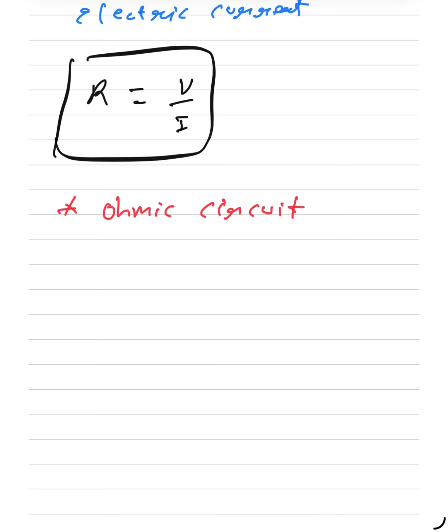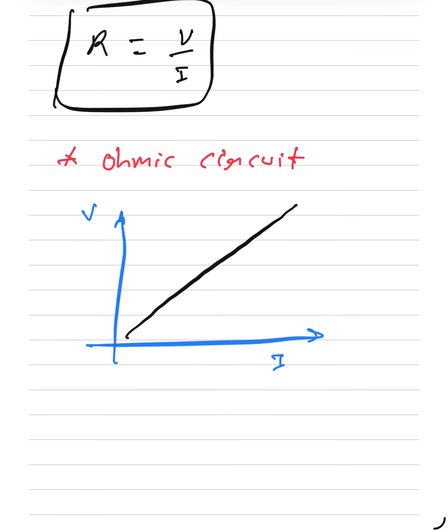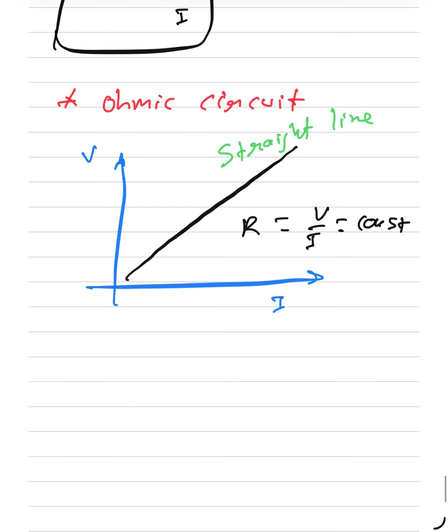For which circuit the graph of potential difference versus current is a straight line is known as an ohmic circuit, and for the ohmic circuit, with a straight line graph, R equals V divided by I remains constant, for conductors.